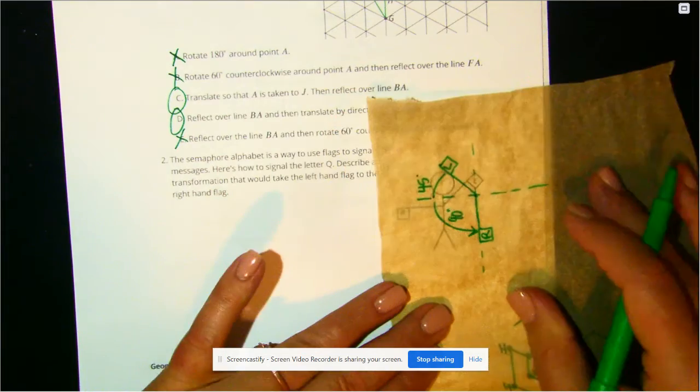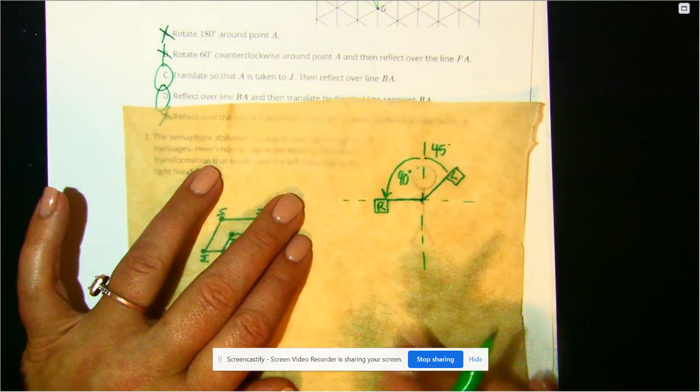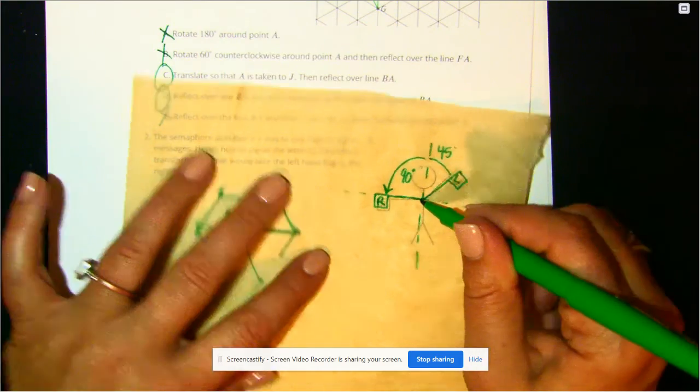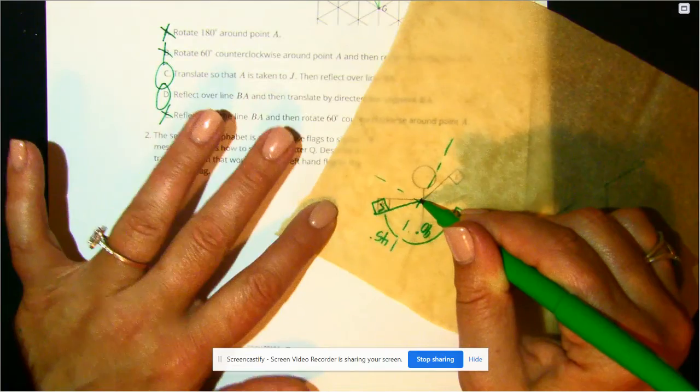Wait a second, Miss Austin. Should I draw that line? Do I have to go this way?